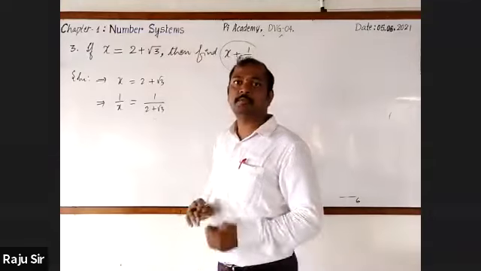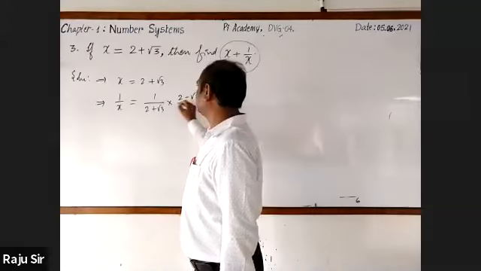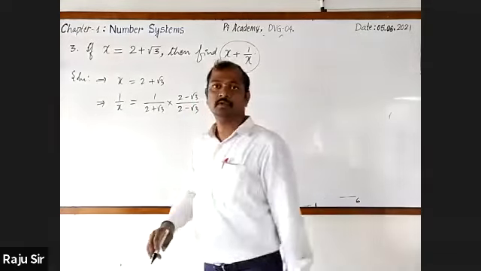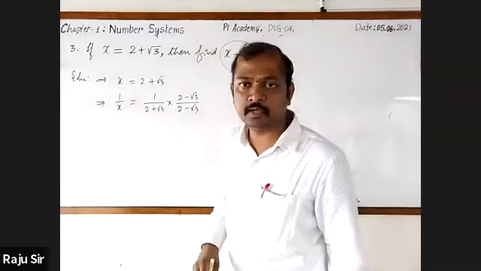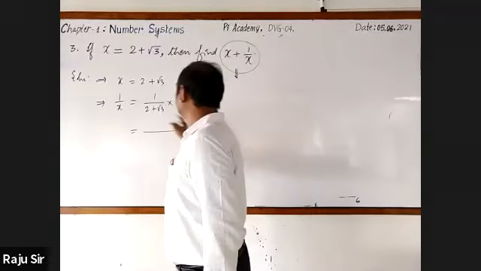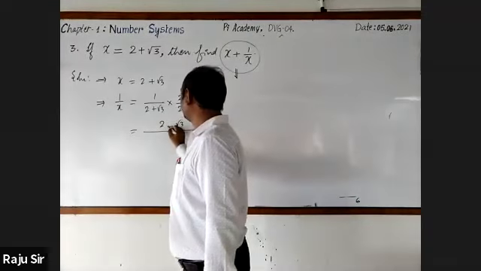Now we can simplify this by taking the conjugate. Conjugate of the denominator is 2 minus root 3. That should be multiplied to the numerator and denominator. Let your attention be here, Chaitanya sir. This is equal to numerator, it will be 2 minus root 3.